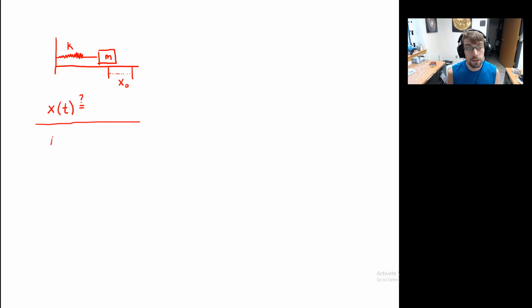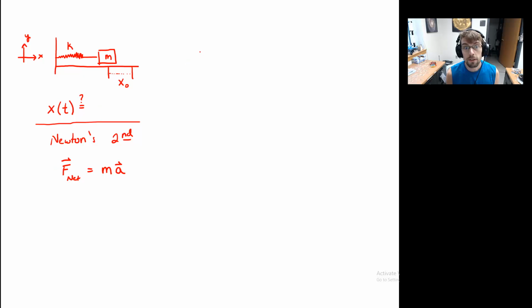Well, let's go back to Newton's second law, which says that the net force acting on an object of constant mass can be related to the mass of the object and the acceleration of the object. Now we're dealing with a 1D situation. And so I could say, okay, well, I'm just going to look at the x component here because I'm only moving in the x direction.